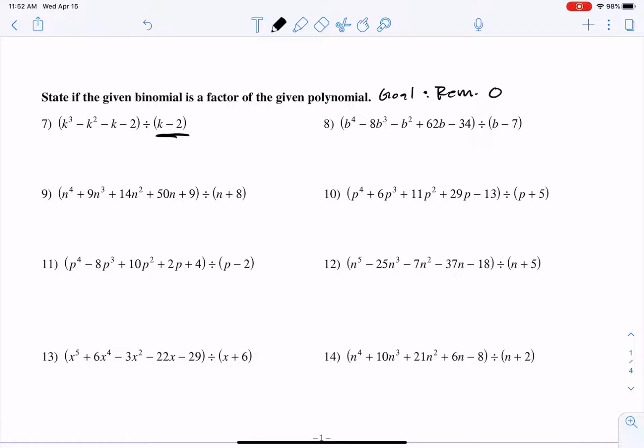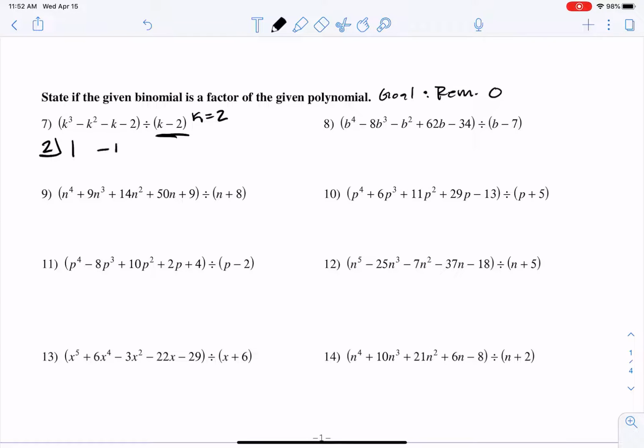The y value is 0, so that is a factor of the polynomial based on what we know about factors and roots and whatnot. So again, synthetic division, remember if we have k minus 2, that means that the actual k value using zero product property is k equals 2, and that's what we're going to use to divide.